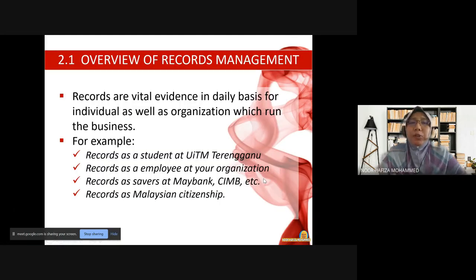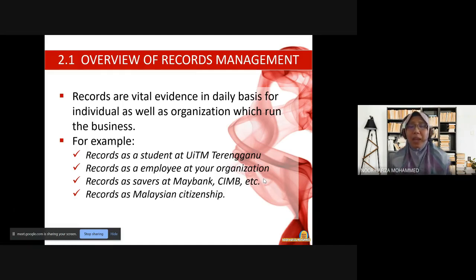Records are vital evidence in daily basis for individuals as well as organizations which run the business. For example, for you yourself, your vital evidence for your daily basis is your national identity card number, as well as your birth certificate. It's very vital.